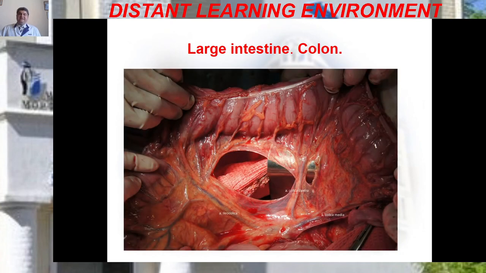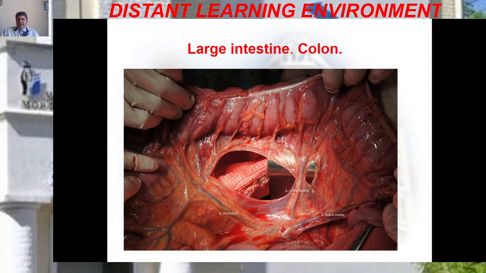On this picture you may see the colon or large intestine. You can see the mesentery of the transverse colon. You may see the taenia libera here, haustra, the enlargement of the colon, and I told you that this is one of the main differences between the large intestine and the small intestine.